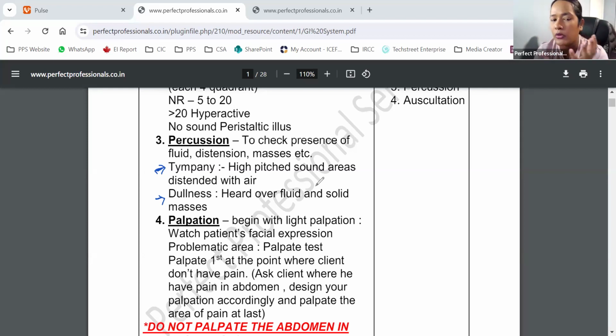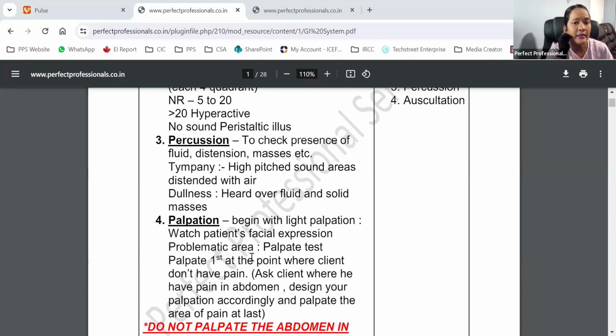In the area where there is air, you will hear a high pitch sound when you tap. When we fill something with water or there is something solid and we tap there, we will hear a dull sound. That is percussion. Now next is palpation.